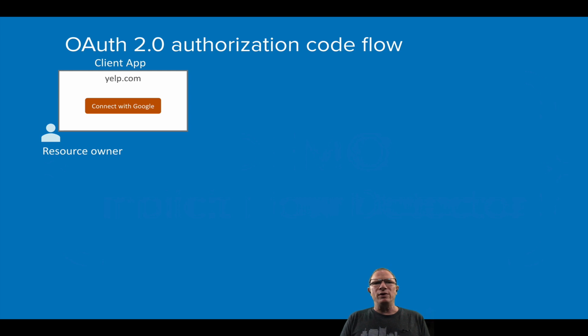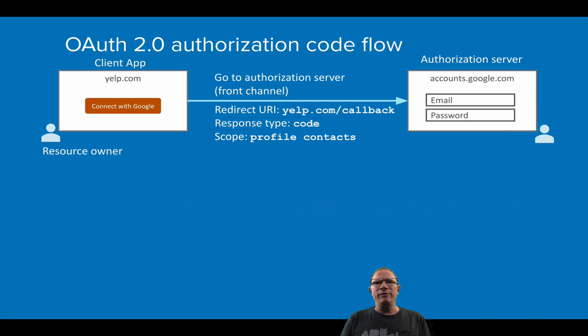The authorization code flow addresses the issue that we had with the implicit flow, and that is the access token never passes through the browser's address bar. Let's take a look at how this flow works, and then we'll look at a vulnerability with this flow and how to mitigate that. So just like before, when I click on Connect with Google, I'm sent over to the authorization server.